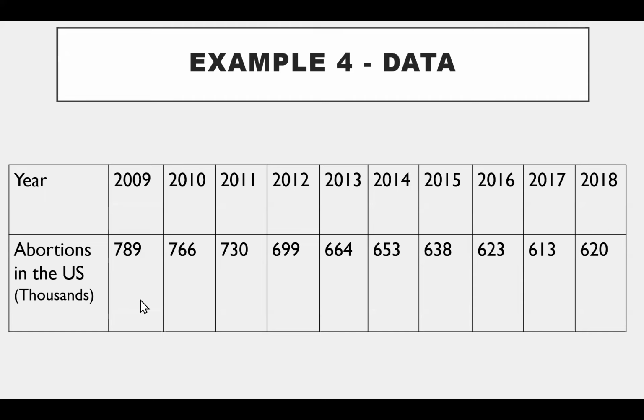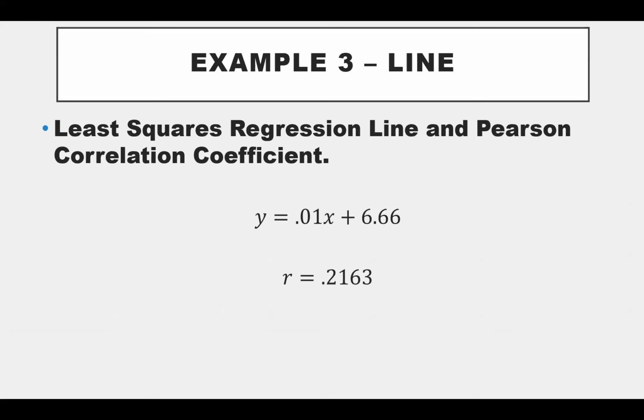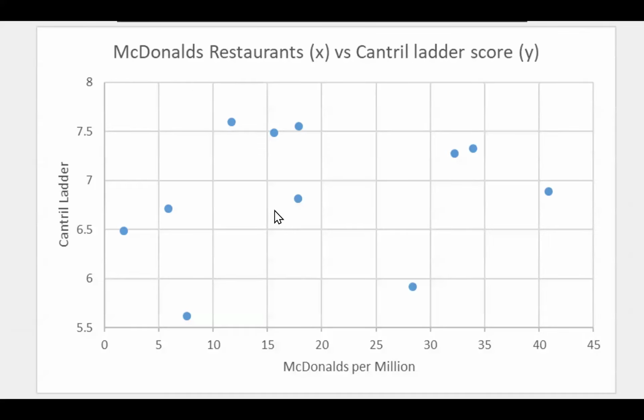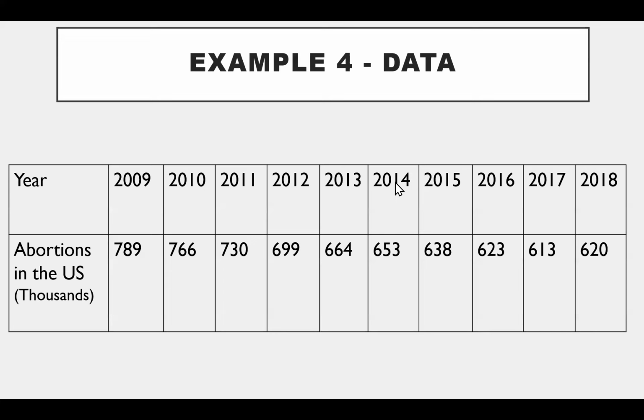We're just calculating the numbers, and you can take whatever moral stance you think about that idea. The same was true with the previous example, McDonald's and Cantril ladder score, and also the example before that, which was guns and murder rates.